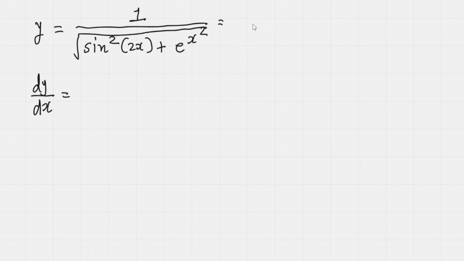So it would be (sin² 2x + e^(x²)) whole raised to minus 1/2. Square root can be written as the power of 1/2, and since it is in the denominator, the minus sign will be there. So it would be minus 1/2.